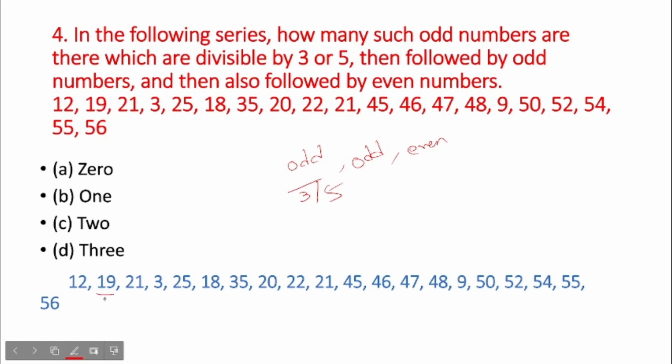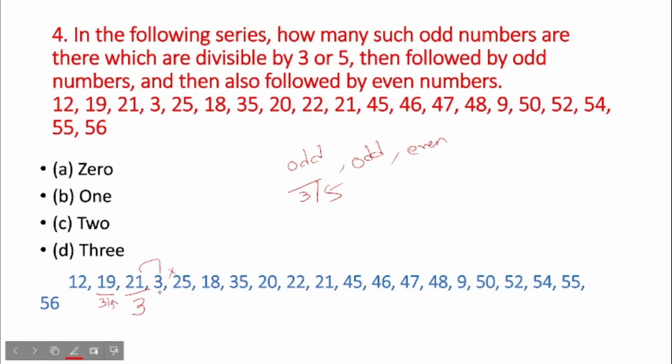19 is not divisible by 3 or 5. So again 21. 21 is divisible by 3, which is followed by an odd number, but it's not followed by an even number.